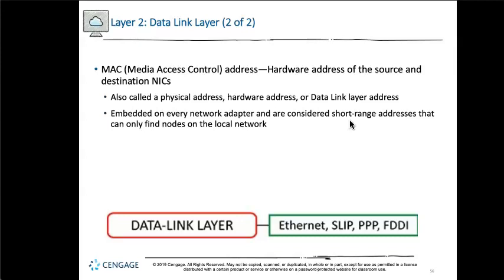So for example, if you go and look at the MAC address of your computer and your cell phone, everything has a MAC address, and that includes all those devices like Alexa or Google Home, or all of those devices that connect to the network. Even if they do so wirelessly, they need a MAC address in order to connect to the network.